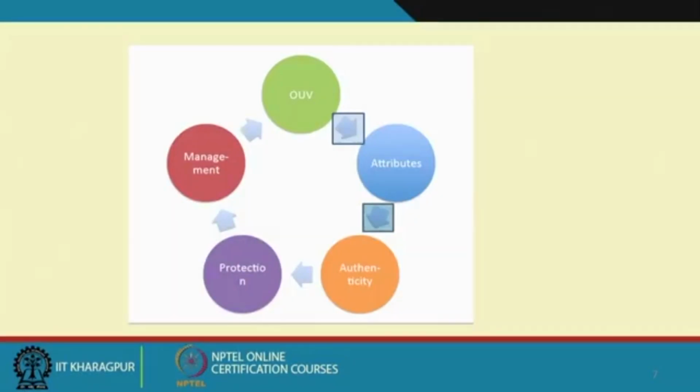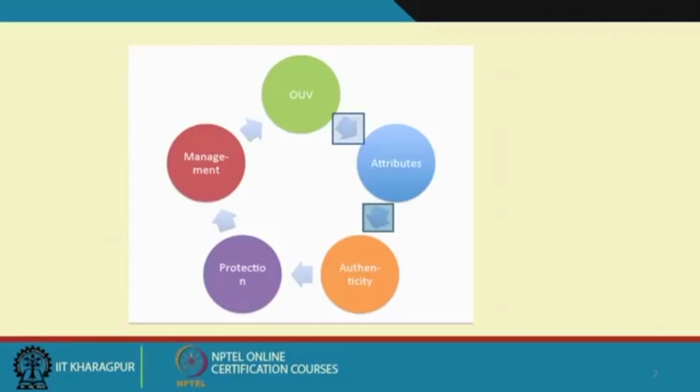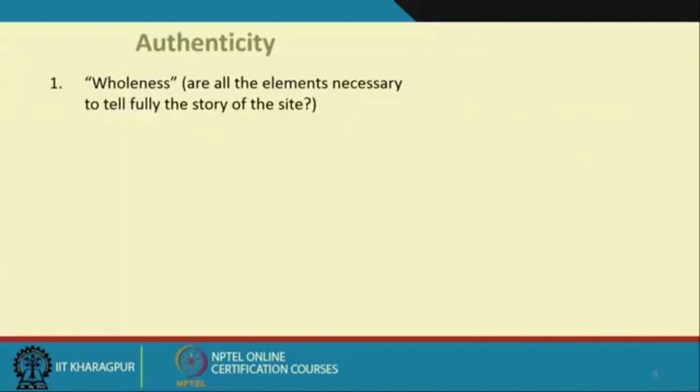In the case of a World Heritage Site, it will be outstanding universal value. In the case of another site, it will be the value or the significance. So, values, whether outstanding or not, attributes and authenticity, we have to understand the relationship between them. Let us see what is the authenticity.